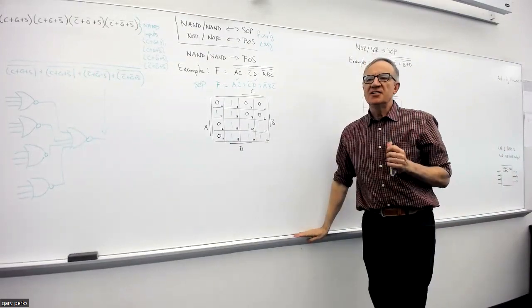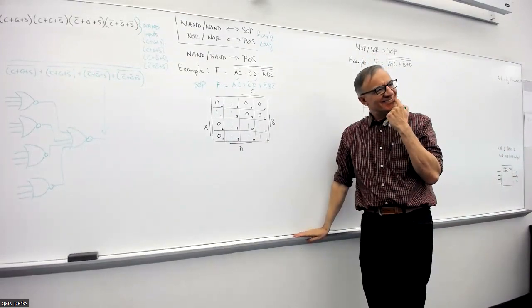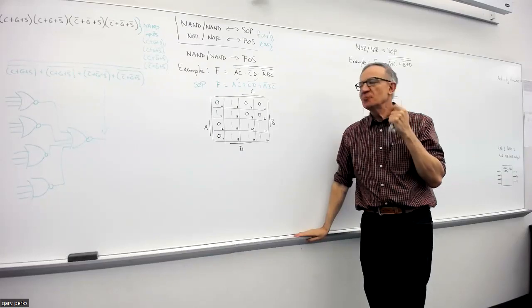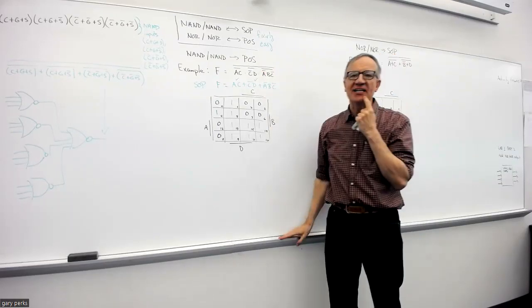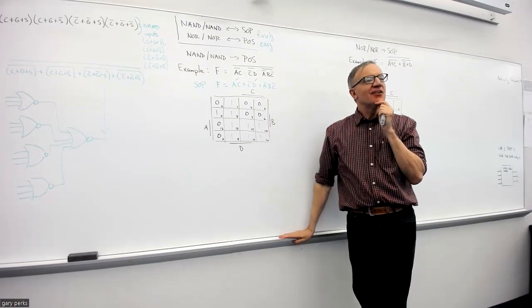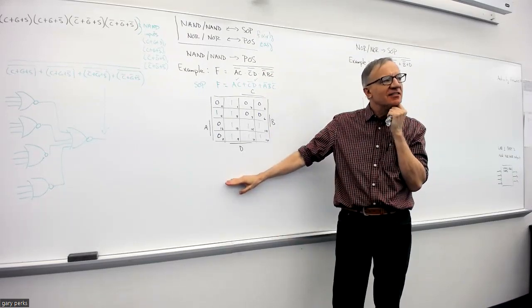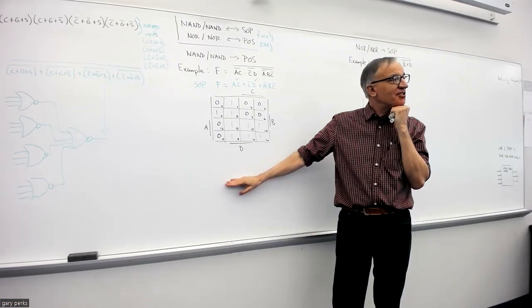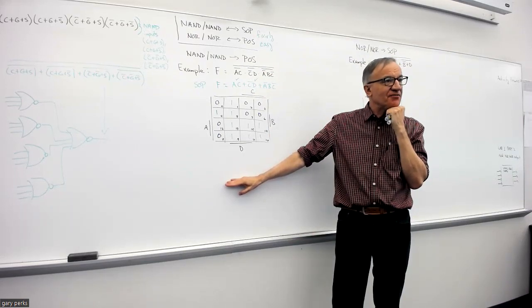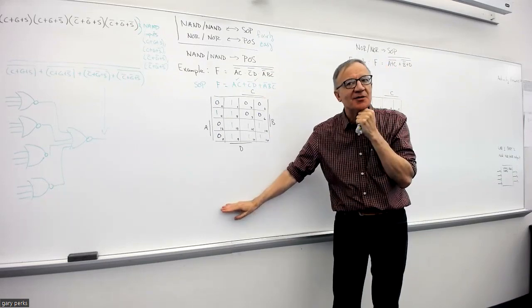So, can you guess what we're going to do next? Remember what we're trying to do. We're trying to get POS. We're going to circle the zeros because that's going to give us the reduced SOP for not F. And once we have an equation SOP for not F, what can we do to get POS?